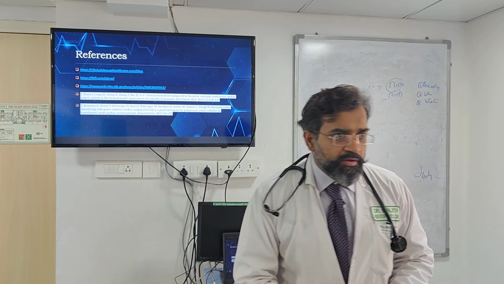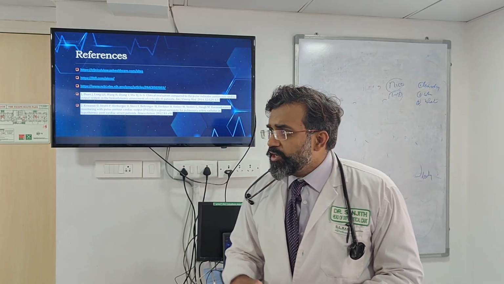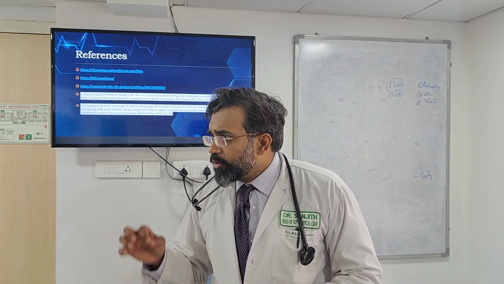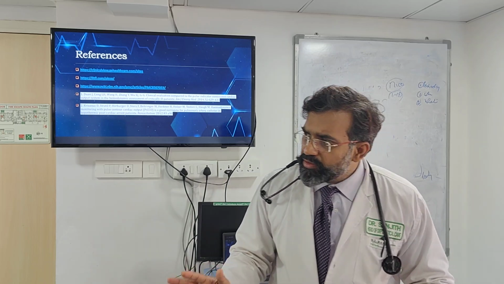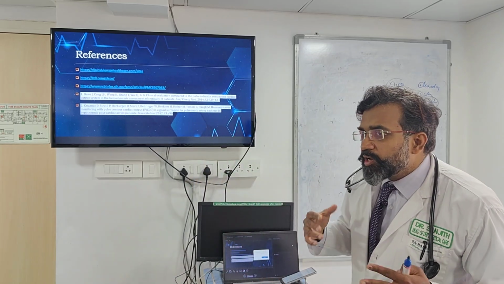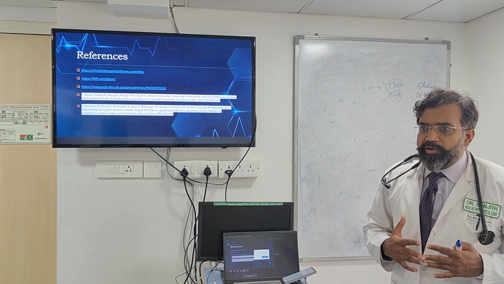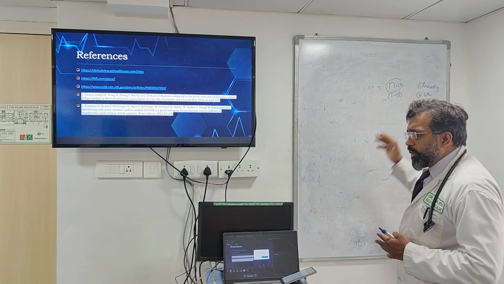These are two places where my Picco will probably not give me the right results. I need to have a pulmonary artery catheter to understand pulmonary hypertension. Simple? So when I have pulmonary hypertension, I require a Swan-Ganz, which will give me better information than a Picco monitor.